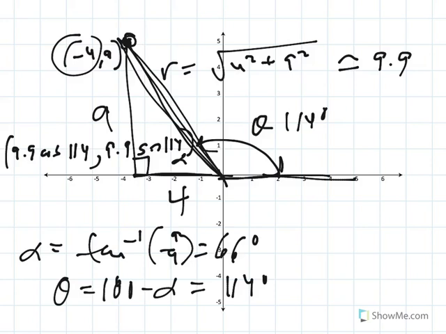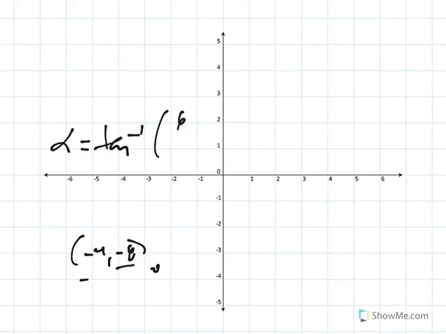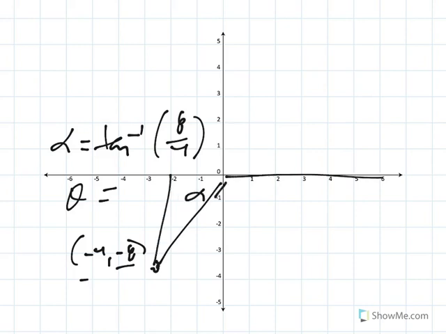Now there are other quadrants besides quadrants 1 and 2. I just want to, not go over a full question, but just say that if the point happens to be in quadrant 3, like minus 4 comma minus 8, alpha would still be tan inverse of y over x, 8 over 4. But theta goes all the way around to here, so theta would be 180 plus alpha.